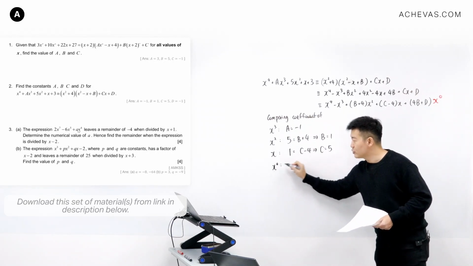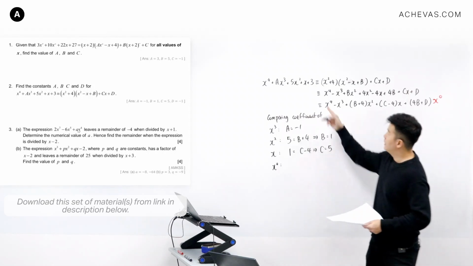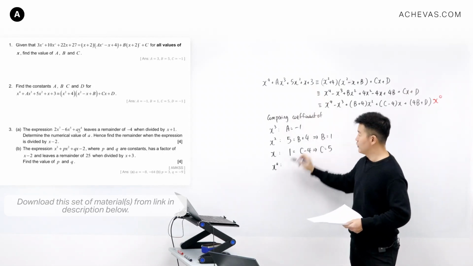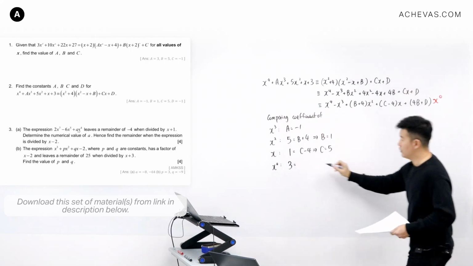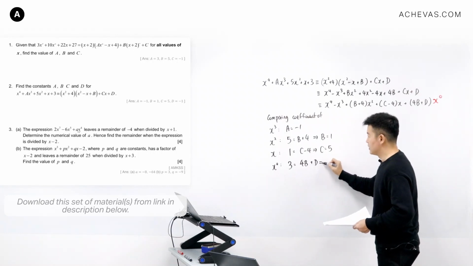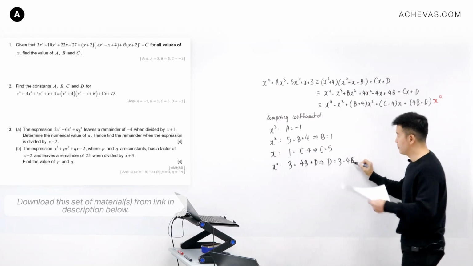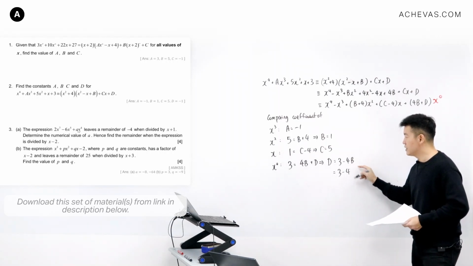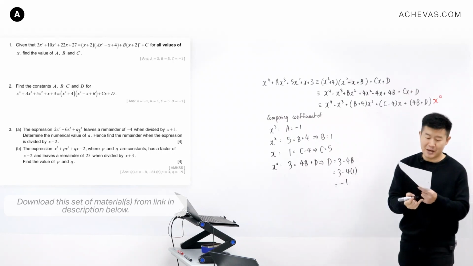And finally, I'm going to try to compare the coefficient of x to the power of 0. On the left hand side, x to the power of 0 has a coefficient of 3. And on the right hand side, it has a coefficient of 4b plus d. So this tells me that d is going to be equal to 3 minus 4b. It is 3 minus 4 times b. b is equal to 1, so d is equal to -1.